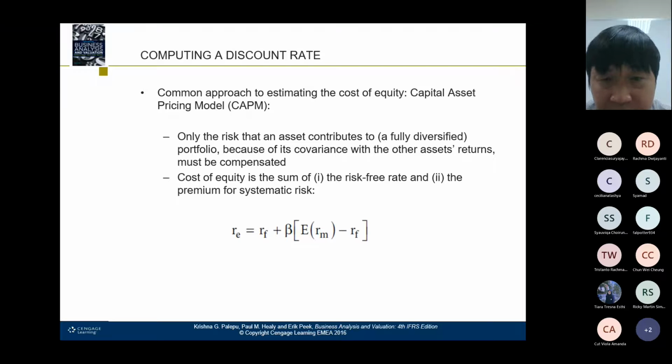This formula is the risk-free rate RF plus the beta, the systematic risk, times the expected market return ERM minus RF. The beta times ERM minus RF is called the risk premium.